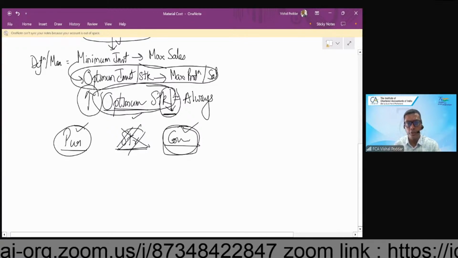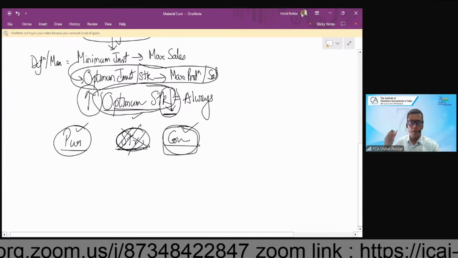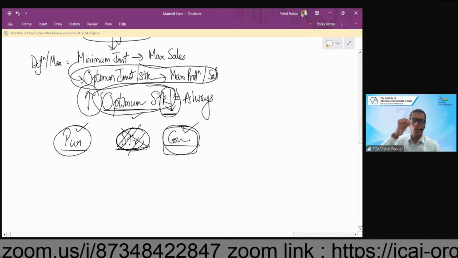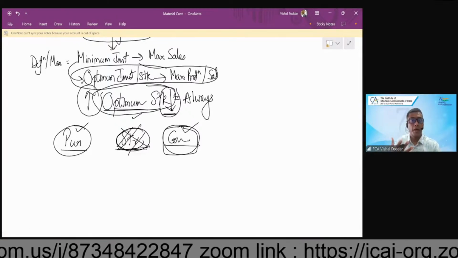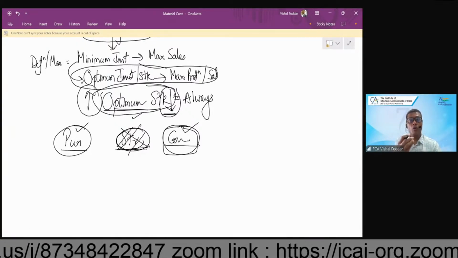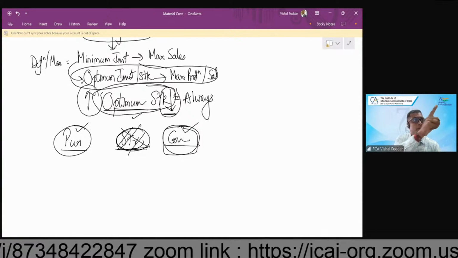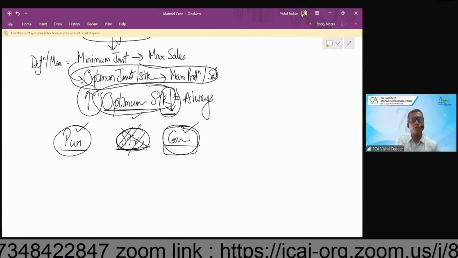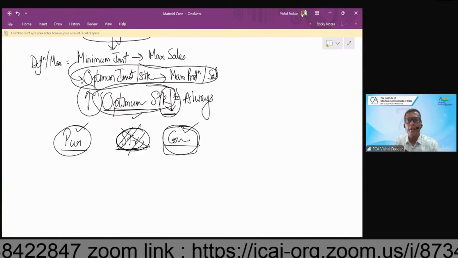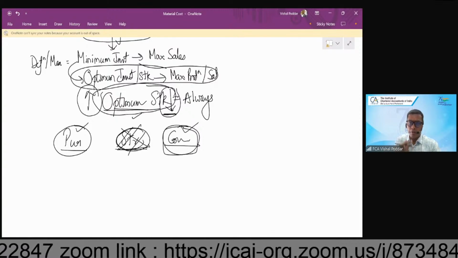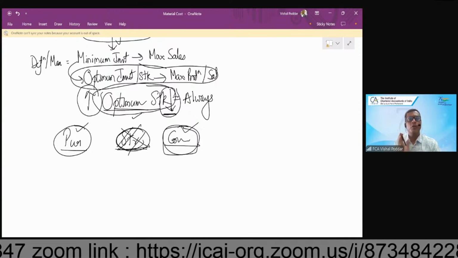Now, if you want to ensure that this quantity is optimum, simple, understand this practically, visualize it. Whenever you go to the kitchen, you check the rice, you check the dal, you check some masala, you check some vegetable. You should find it in optimum quantity, so that whenever it is required, the quantity should be available.